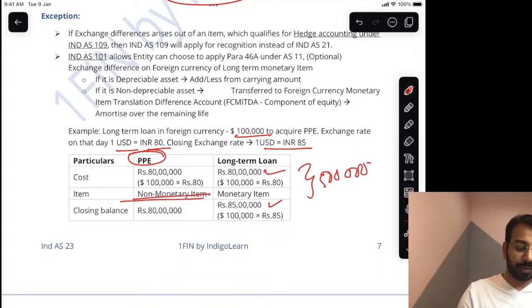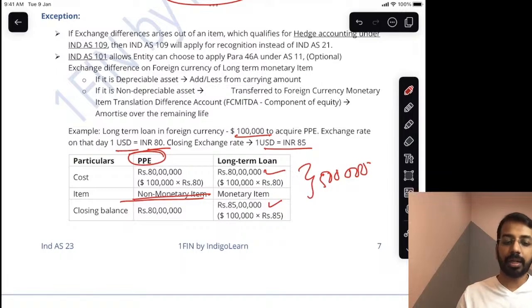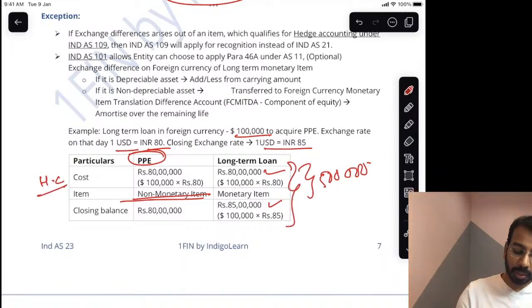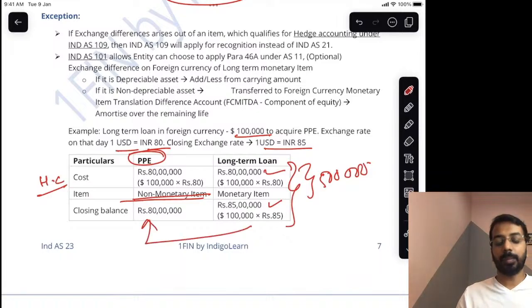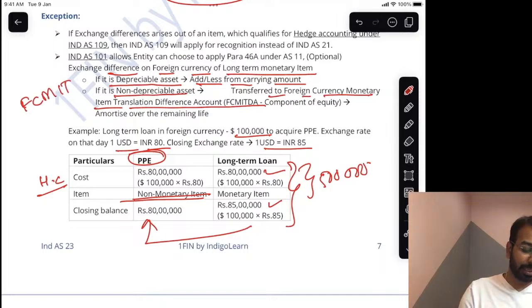Please understand, we are not measuring or remeasuring PPE. PPE is a non-monetary item. It will be carried at historical cost only. Just that the loss here can be added to the PPE. So exchange difference on a foreign currency long-term monetary item, if it is in the case of a depreciable asset, you can add or deduct from the carrying amount. If it is for a non-depreciable asset, something like land, you can transfer it to the foreign currency monetary item translation difference account, that is FCMITDA.